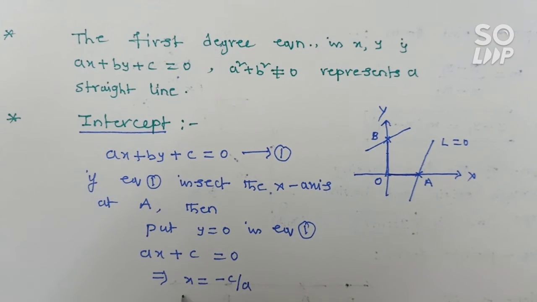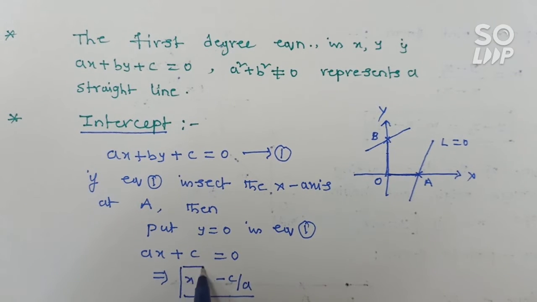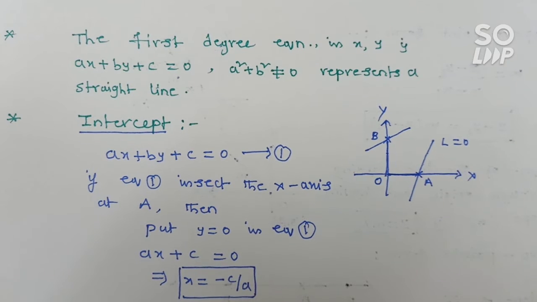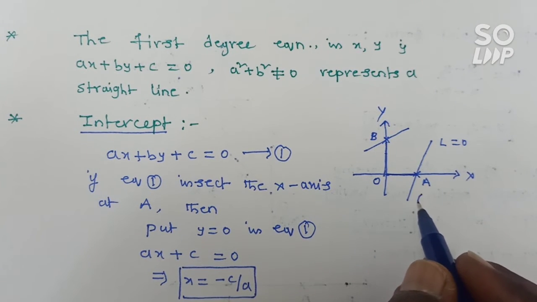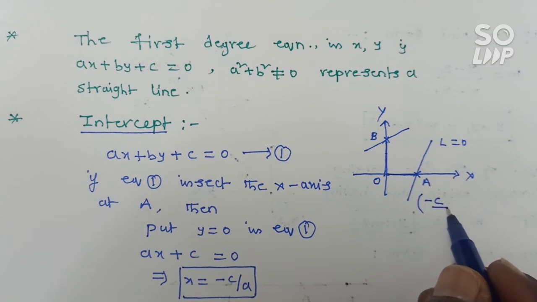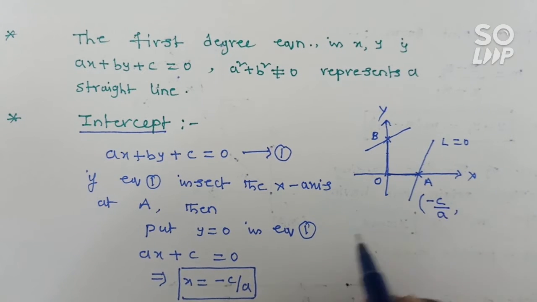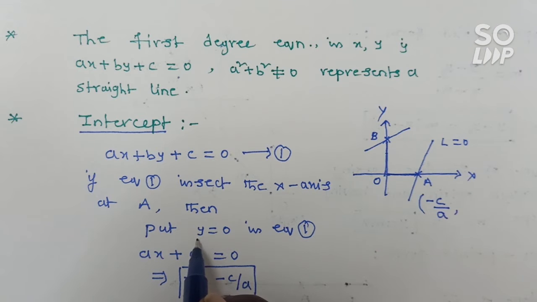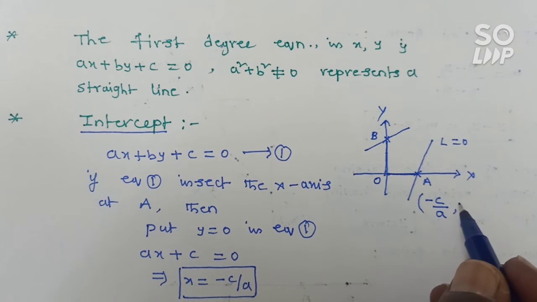So that means we have the x coordinate of the point of intersection, minus c by a. The y coordinate is 0, so you substitute y equals 0.